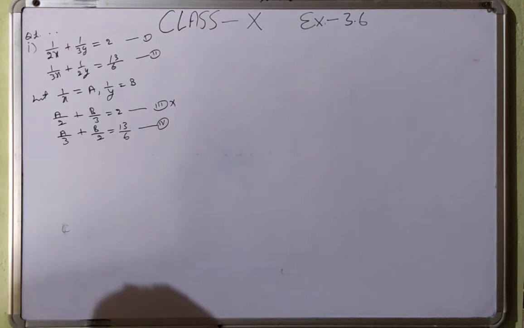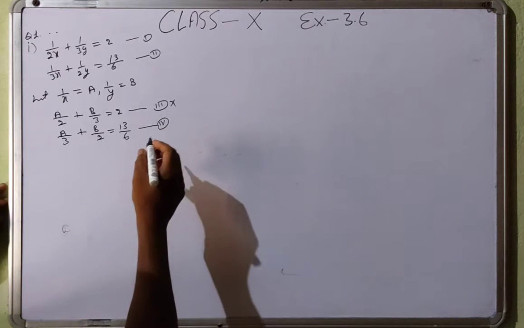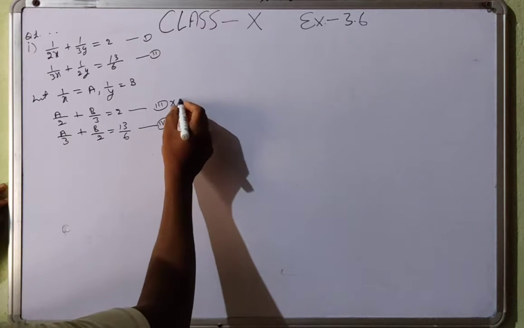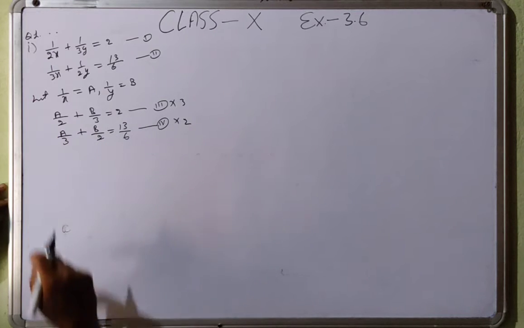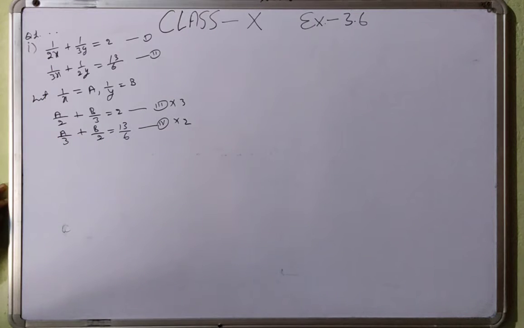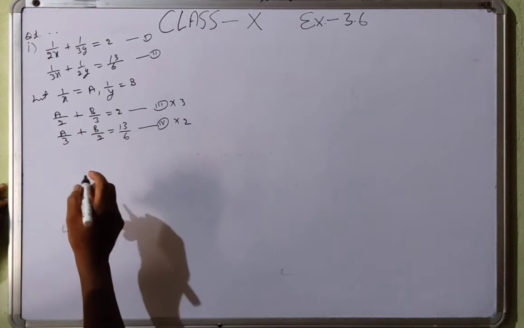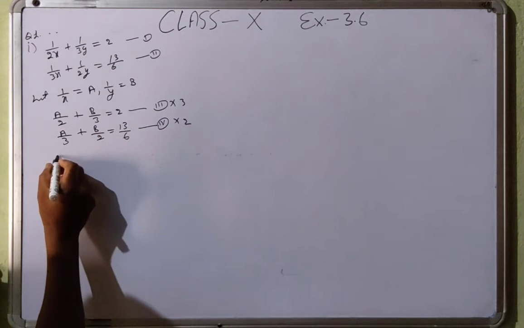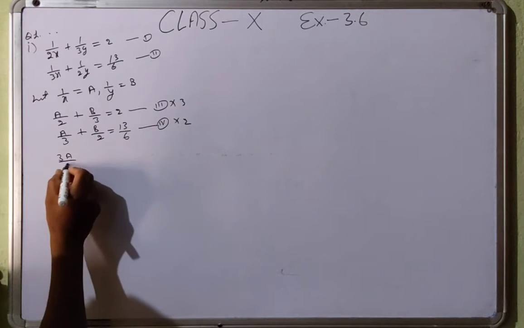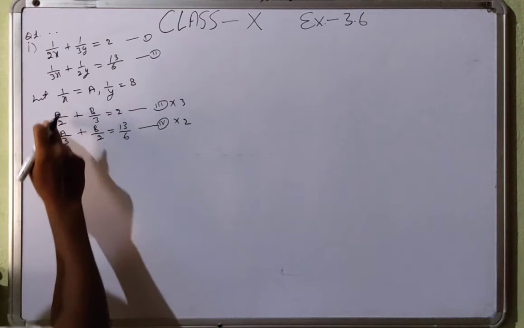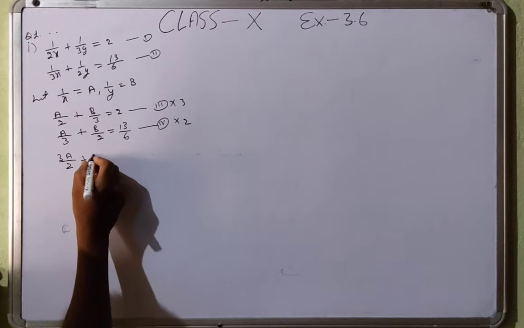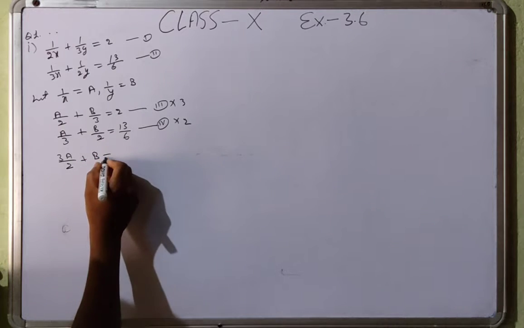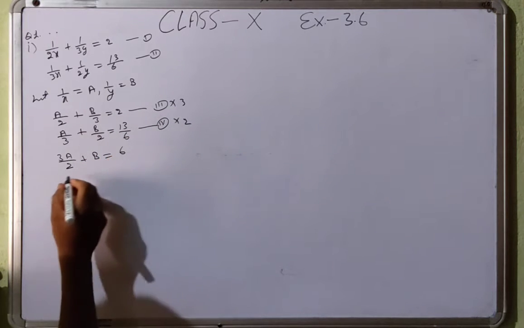In this equation, first of all we will multiply by 3, and in the other, multiply by 2, to balance the b. So 3a upon 2, plus b, is equal to 3 times 2 is 6.